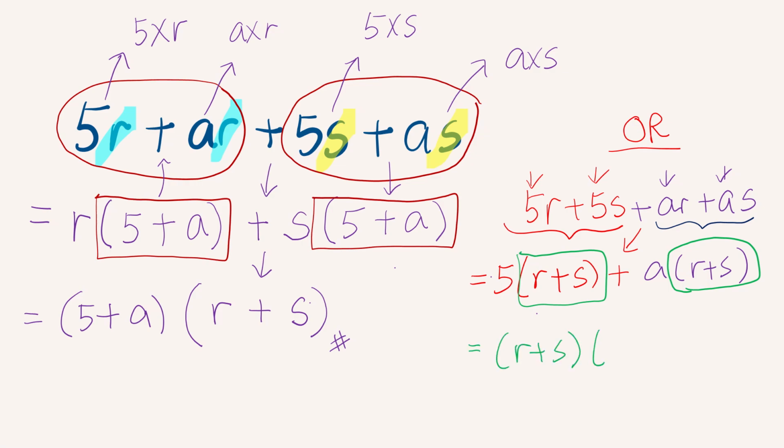So for the first term, I'm left with 5. Continue with my operation plus and then A. And you see that yes, I do get the same answer because this can also be written as bracket.